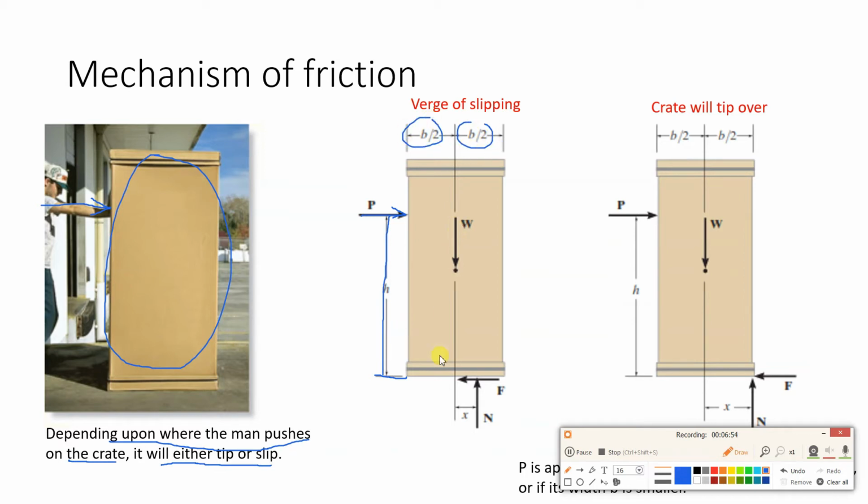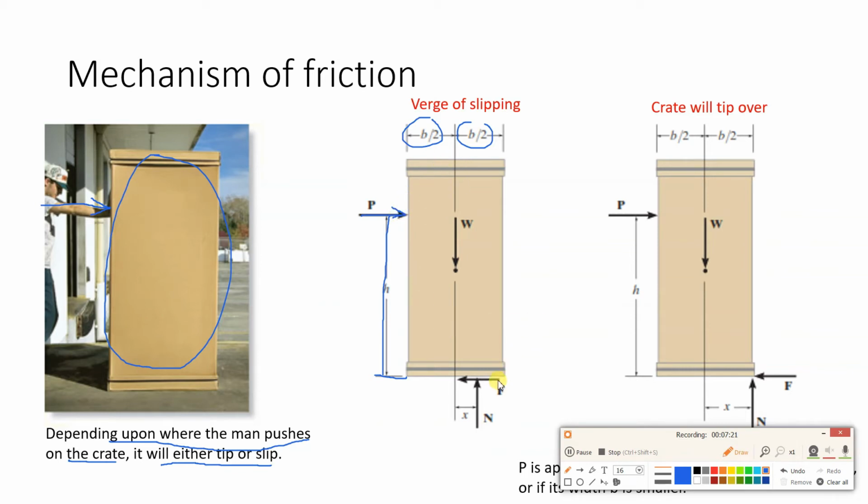Initially, when the man applies the effort, the crate will not move. But after some time, when this effort becomes more than the frictional force, since the effort is applied towards the right, the crate will tend to move towards the right.